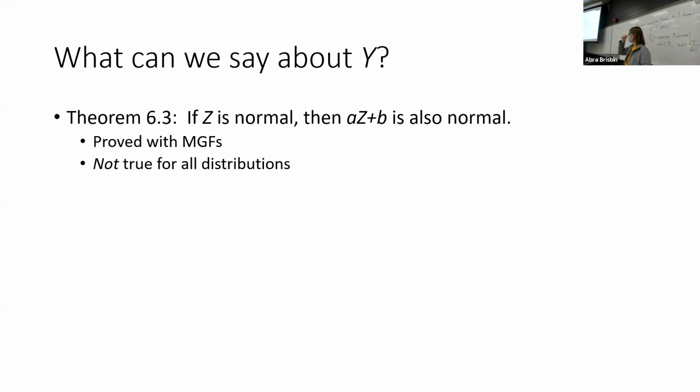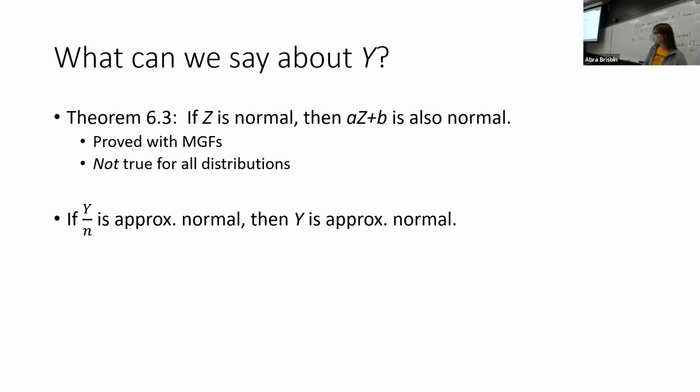If you start with a normal distribution and multiply and add constants, you stay with the normal distribution. All right. Well, y is just n times x bar, or n times this y over n. So that means that if y over n is approximately normal, then theorem 6.3 tells us that y is also approximately normal.